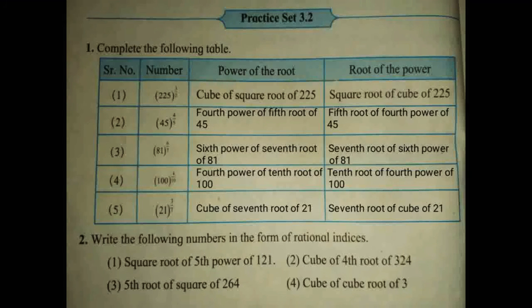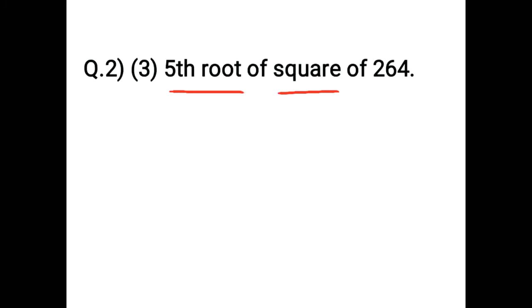Next, fifth root of square of 264. Here on question number 2, third one, first one is given root and next is given power. Index on denominator fraction will come root. Square means power of 2.